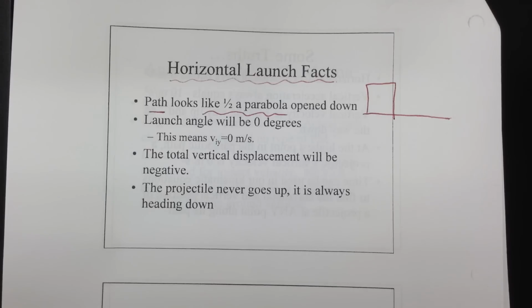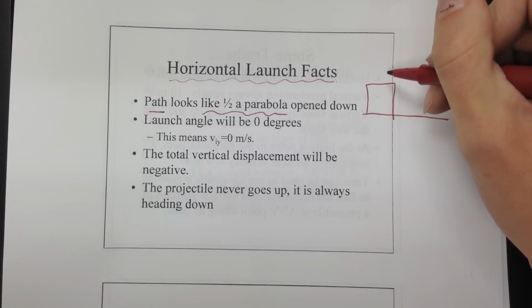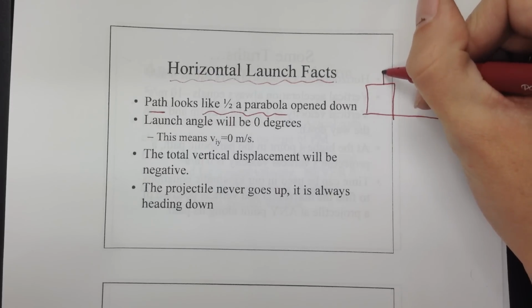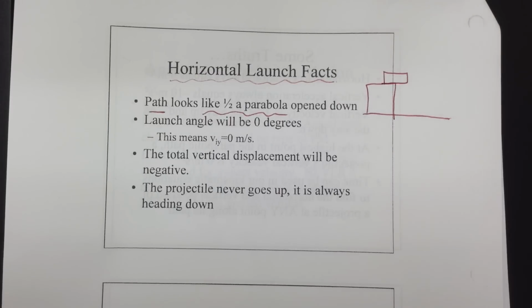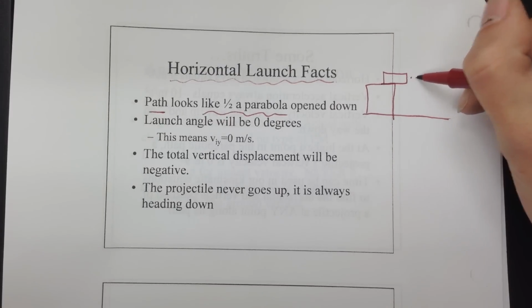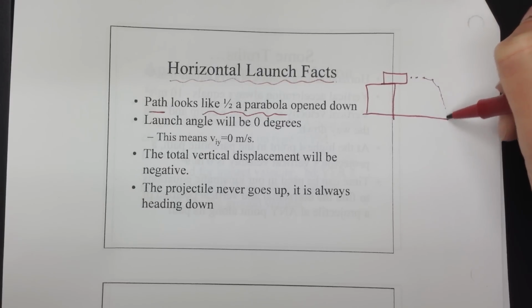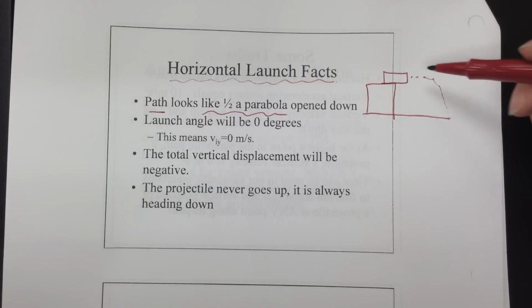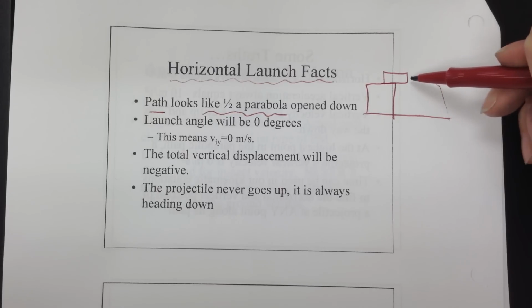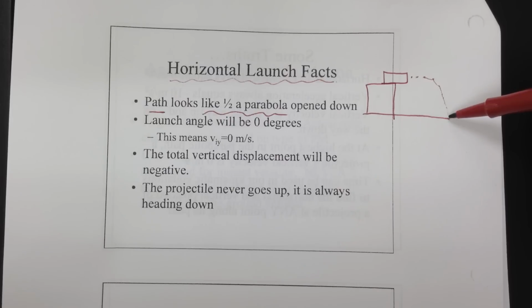Remember with the horizontal launch, the launcher is sitting on something, so there is a vertical displacement. So here's my launcher, and bam, it gets fired, so here it comes, the object. Notice that there is no upward path to this projectile. We only have the downward path, so that's why we call it half a parabola.